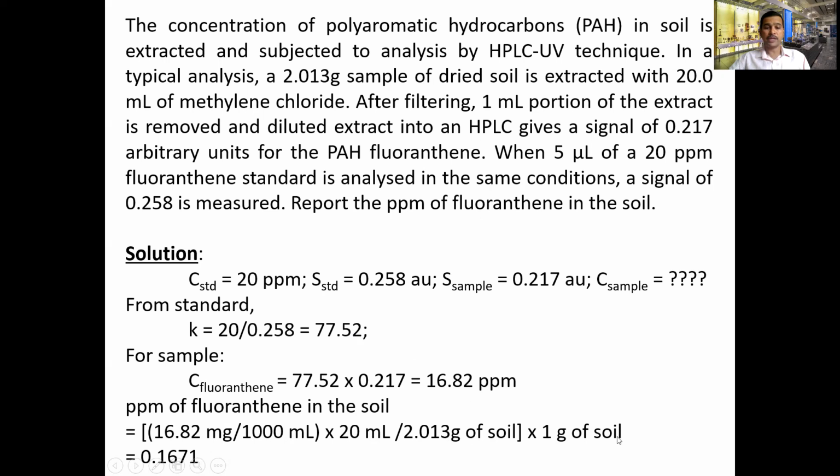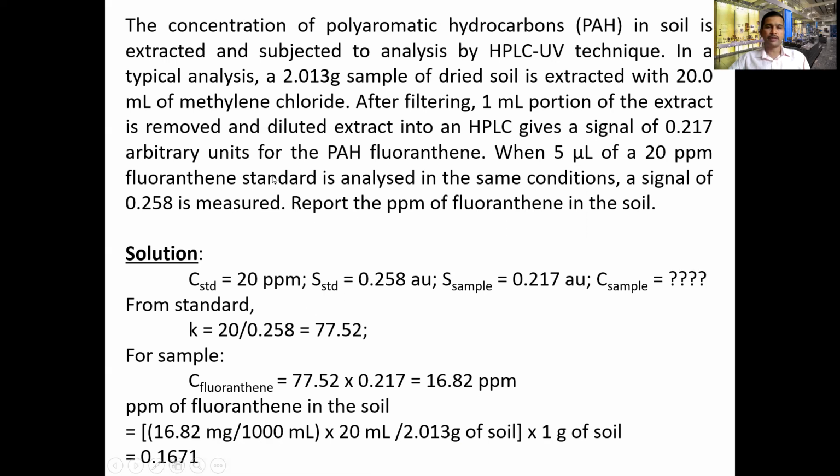So in 1 gram of soil, how much is present? You just substitute. 16.82 is obtained by the previous equation, divided by 1000 ml into 20 divided by weight of soil into 1 gram. That gives you 0.1671. This is the milligram of fluoranthene available in 1 gram of soil, which has been polluted by the polyaromatic hydrocarbon.